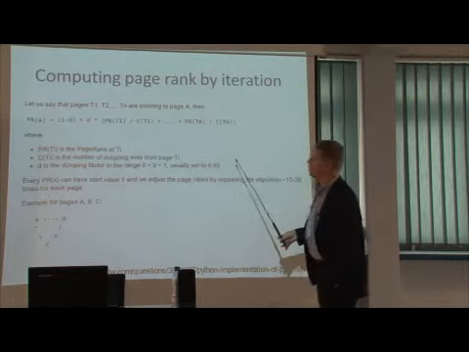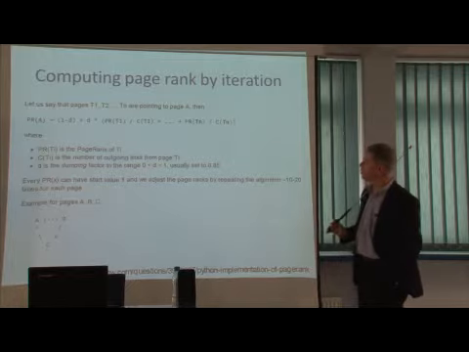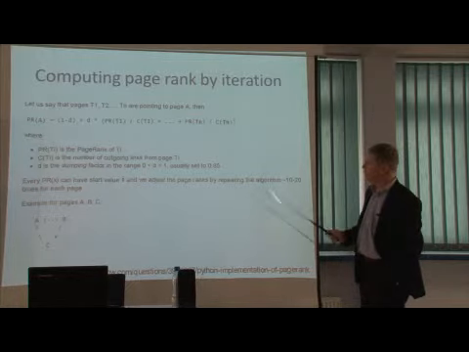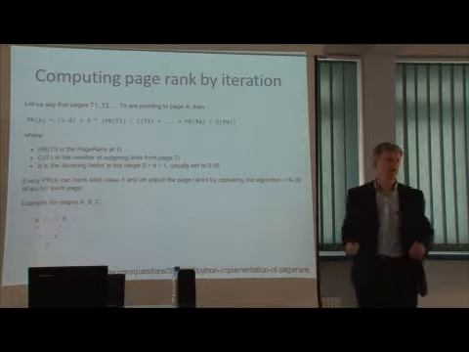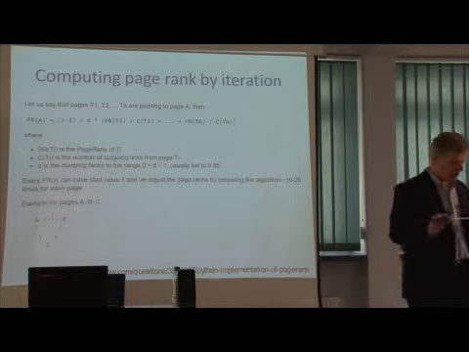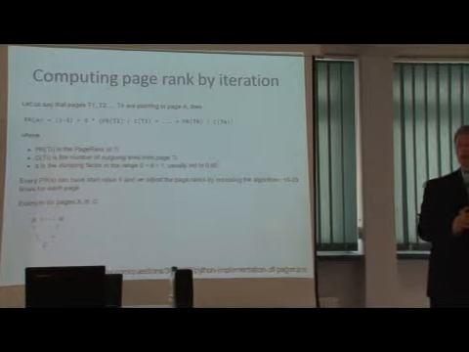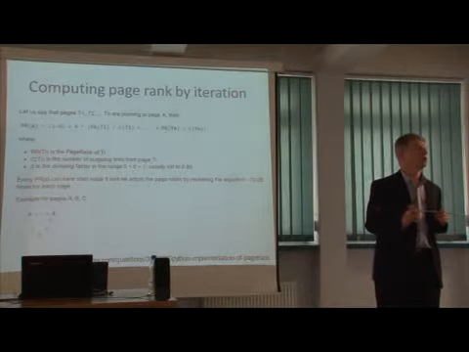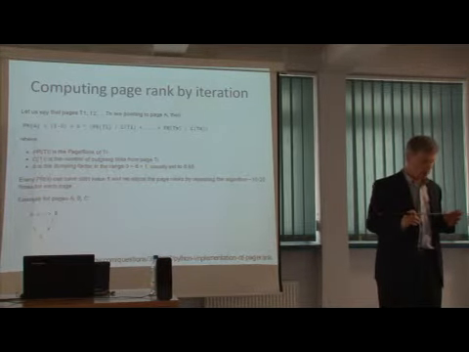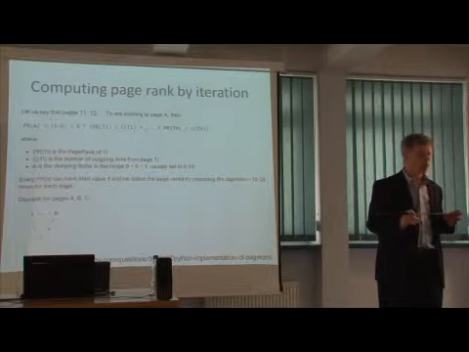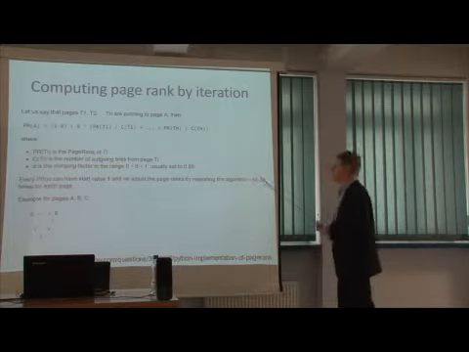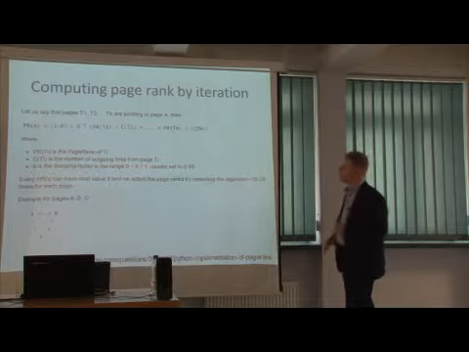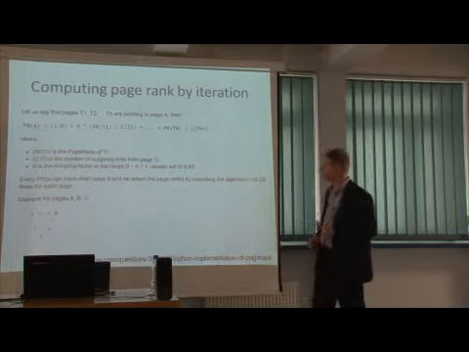You will get different convergence rates depending on what you put there. The algorithm converges relatively fast. For instance, I ran some experiments on patent data, patent citations, using a collection of about 3 million patents and their citations, so a relatively large collection, and you get convergence within less than 20 steps.